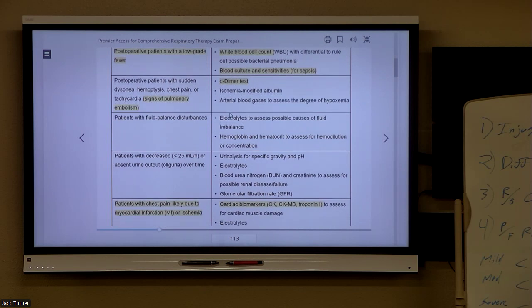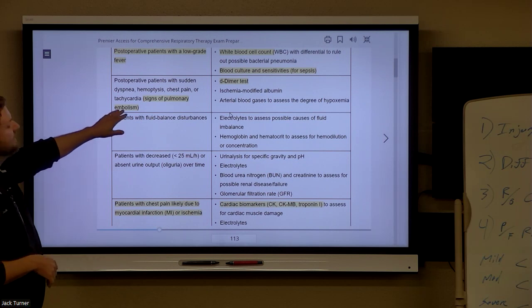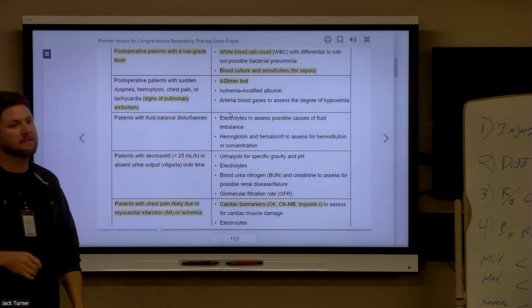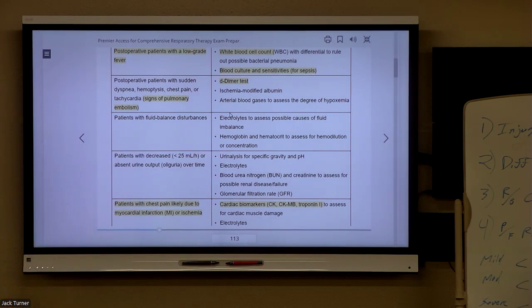Okay. If a patient is having sudden onset of shortness of breath with dyspnea, hemoptysis, chest pain, tachycardia, which are signs of pulmonary embolism, I want you to do the D-dimer test. D-dimer test, what would tell me there is a clot? Over 500, okay?